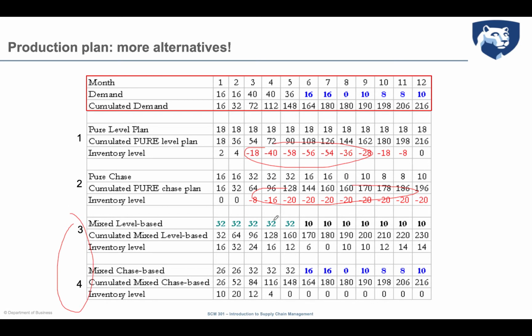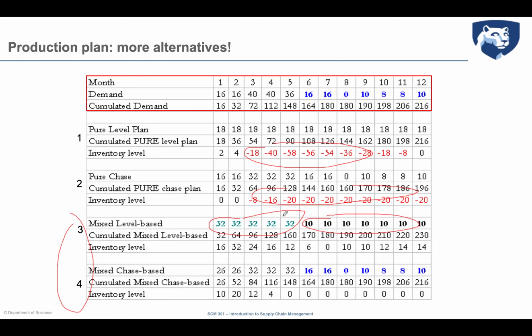designed these two. In particular, the first one is more mixed level based because you produce at two different production rates, 32 in the first 5 periods and 10 in the second period.